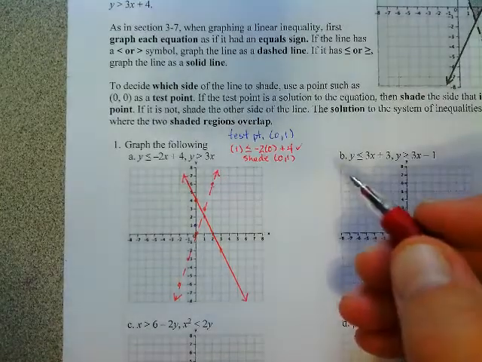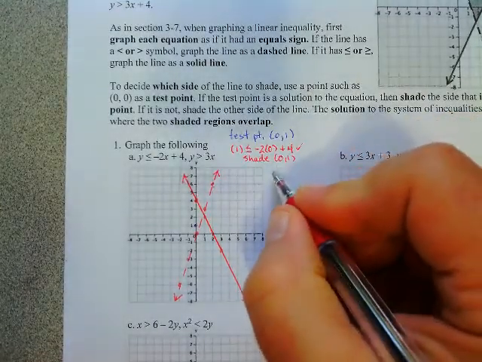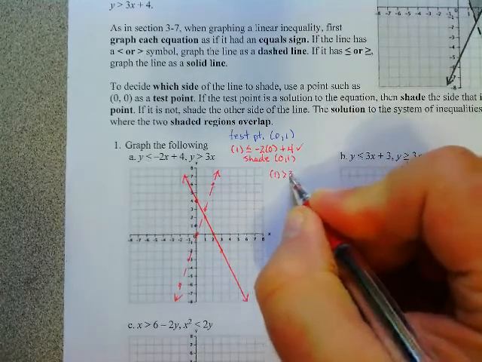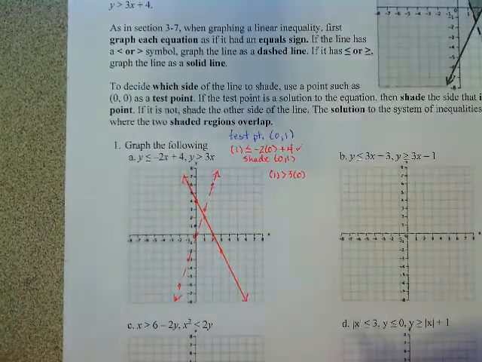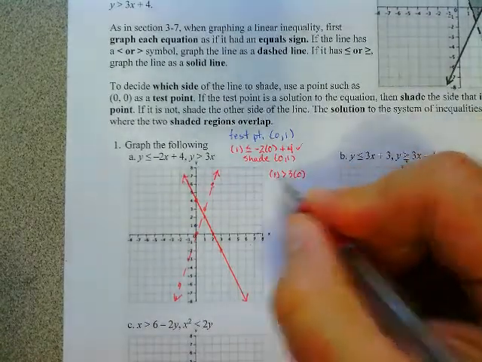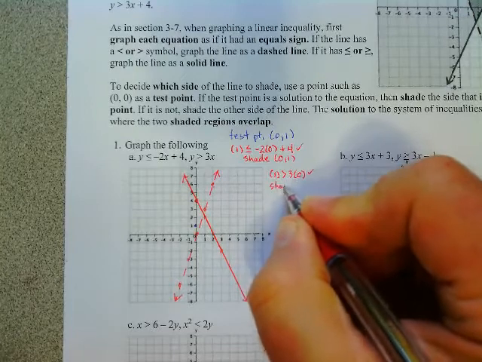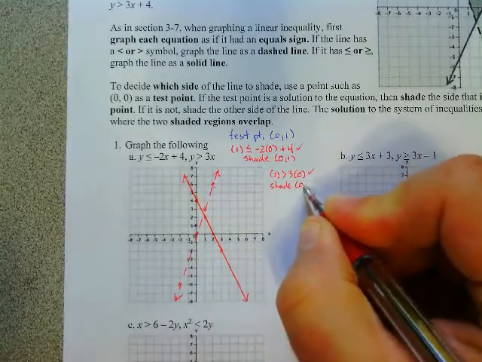And now let's check the other one. Is 1 greater than 3 times 0? That is also true. 1 is greater than 0, so that one will work. So again, we would shade the 0, 1 point.